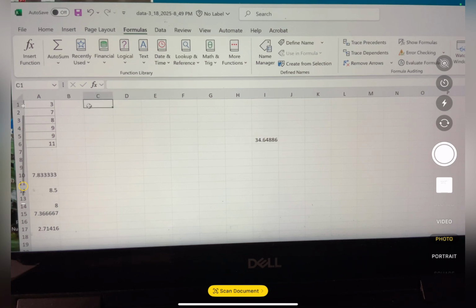So it's equal x minus our average, and I need to freeze it. Closing parentheses. And divide by standard deviation.